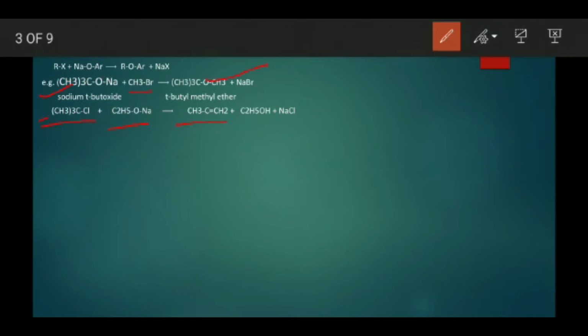So the important condition of this reaction is, in the formation of tertiary alkyl ether, our sodium alkoxide should be tertiary and alkyl halide should be primary. If alkyl halide is tertiary, then it gives an elimination reaction and forms alkene, not ether.